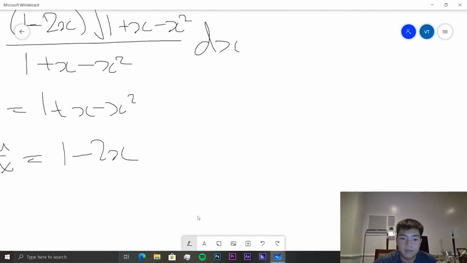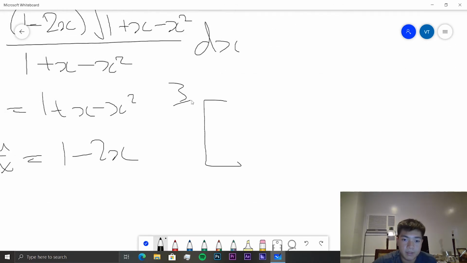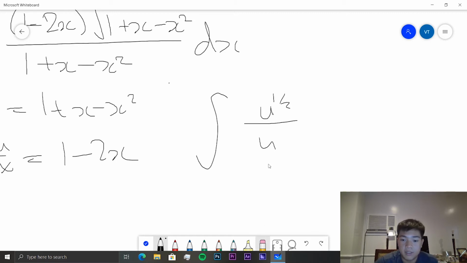So we have the limit between 3 halves and 1. Oh, no, we do not have the limit between those two. We need to convert this limit. So we have the integral of u to the 1/2 over u. So this is u to the negative 1/2 du, and we need to convert the bound.